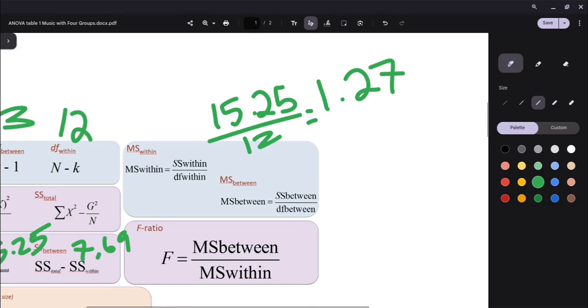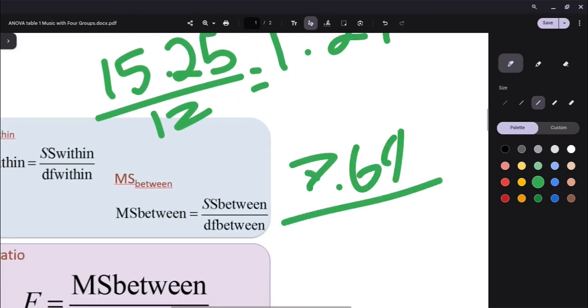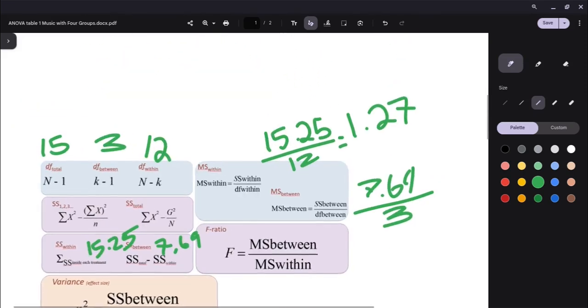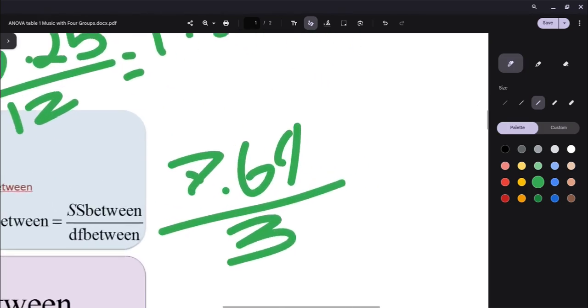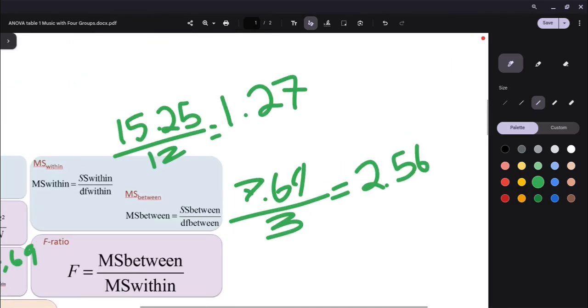And then our MS between is going to be our 7.69 divided by 3, being 2.56. So now that we have our MS within, MS between.